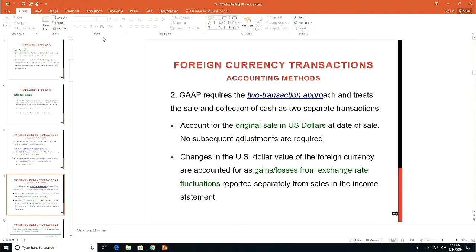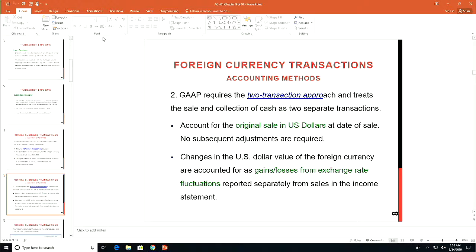You have to record your sales, no matter when you receive those euros. So the day you ship your goods, you earn your revenues, your sale is completed, and on that day's amount you record your sales. Sales will be recorded on the day when you earn it. That's it. The sales amount will not be changed.